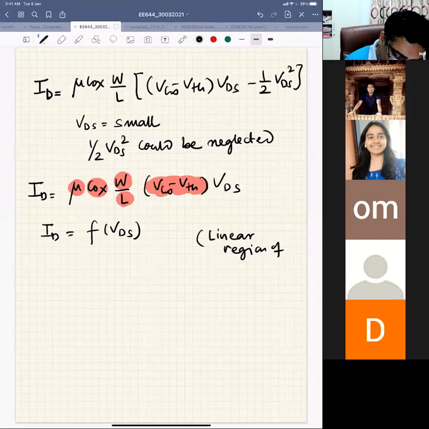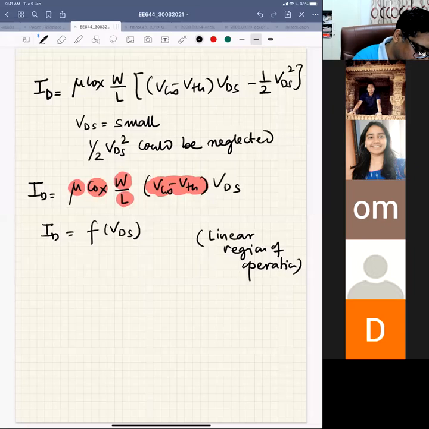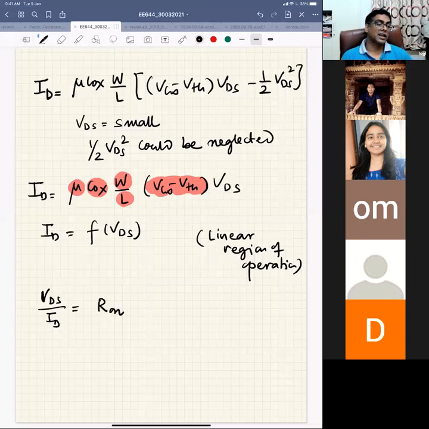Here, VDS by ID is what we call the on resistance, the resistance of the MOS transistor.